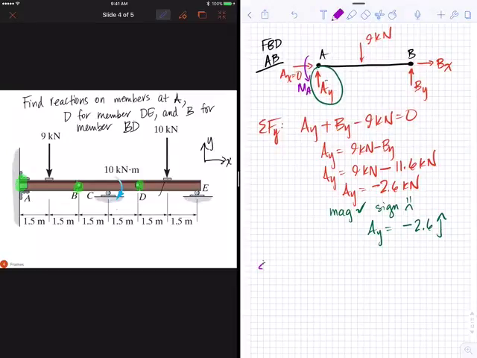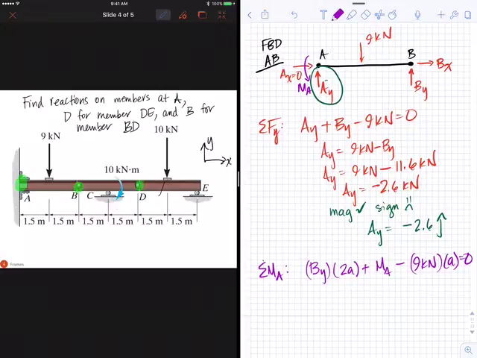And last one is sum of moments at A. So we'll do this symbolically, By times 2A plus the MA. Now that we know everything else, we can go ahead and solve for this. Minus 9 kilonewtons times A equals 0. Once you plug everything in, you're going to find that the moment at A is equal to minus 21.5 kilonewton meters. That means it's a negative moment.